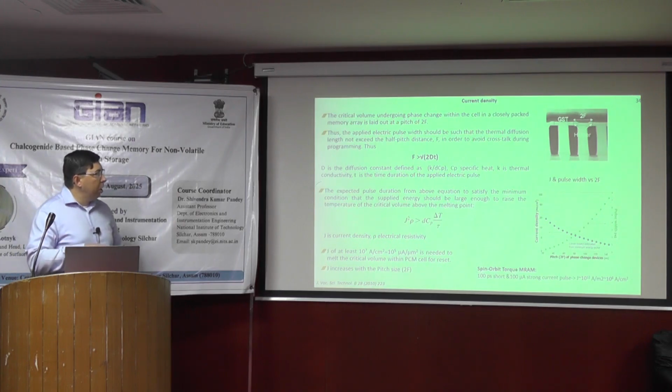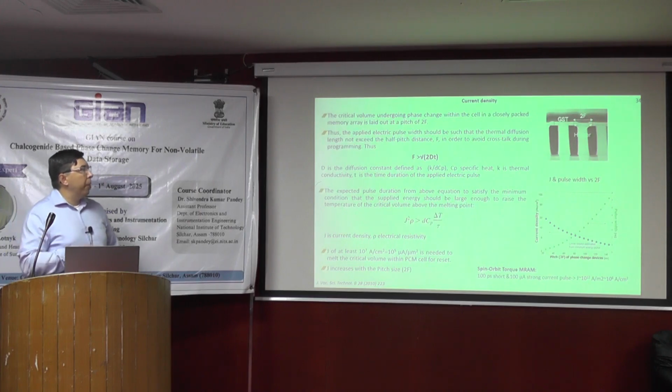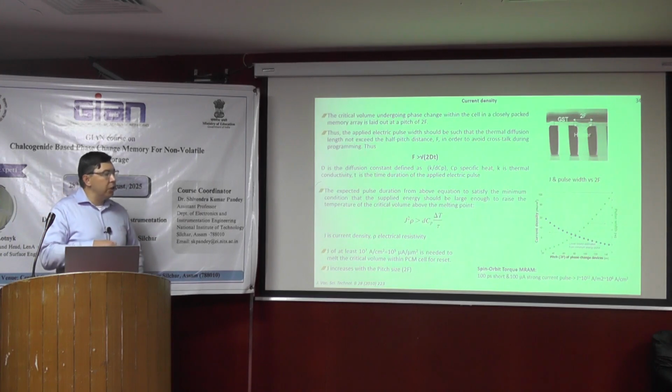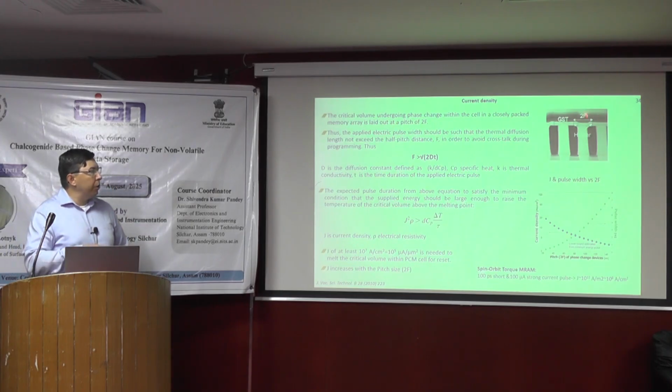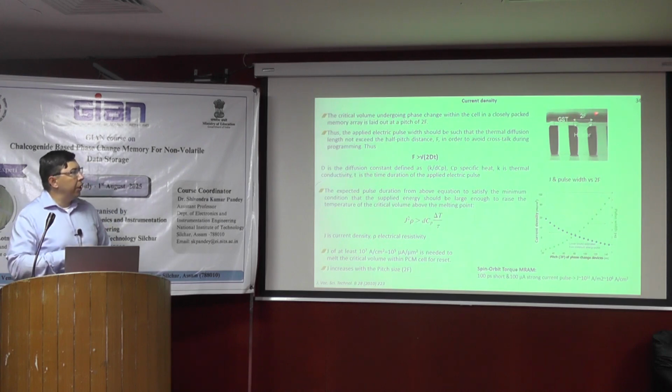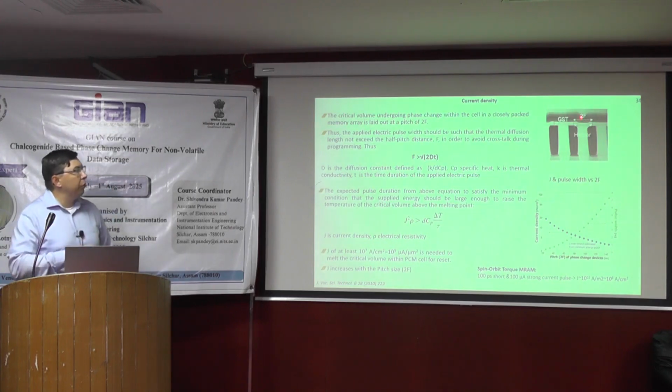First of all, we need to consider one issue, the distance between the cells, because the switching is based on Joule heating, and the areas surrounding the GST are also heated. If we place the cells very close to each other, we can affect the next cell. So this is the problem with reading and writing the next cell.